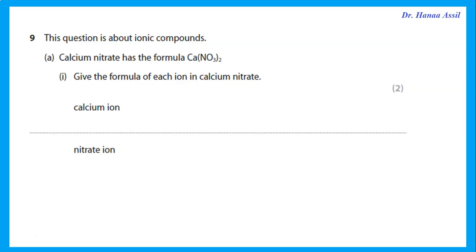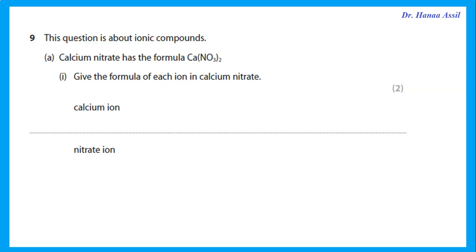Question 9 says calcium nitrate has this formula. Give the formula of each ion in calcium nitrate. So I want to write the formula of the calcium ion. When we write the formula of an ion, you write the symbol and the charges. And you should know that the number of charges is the same as the valency.